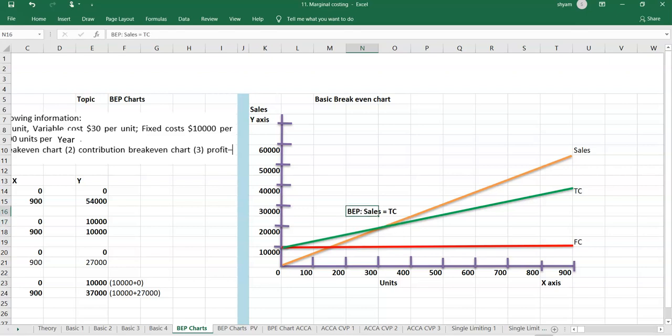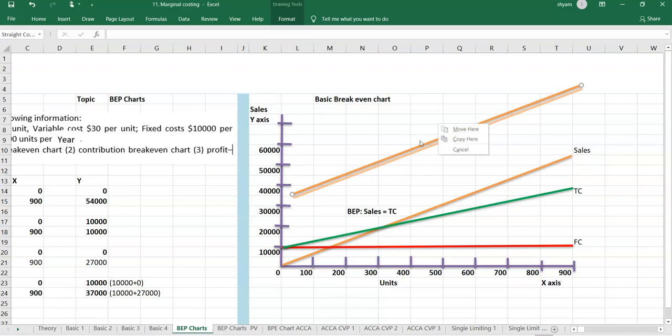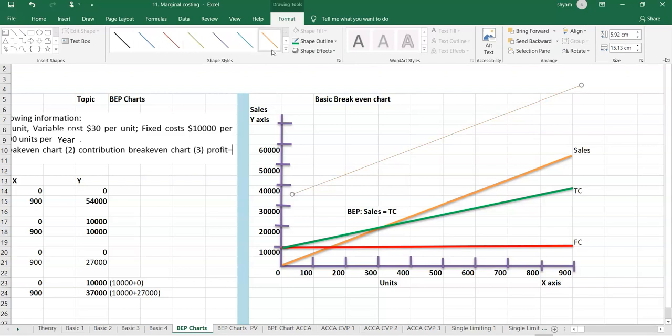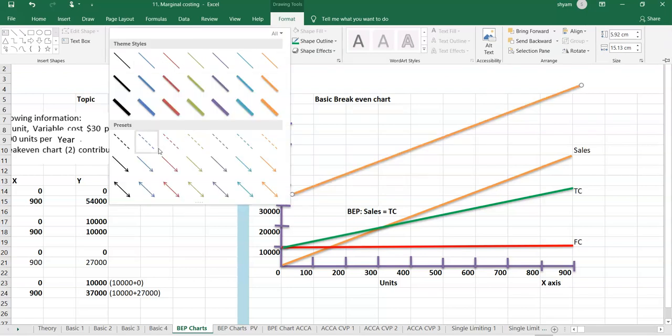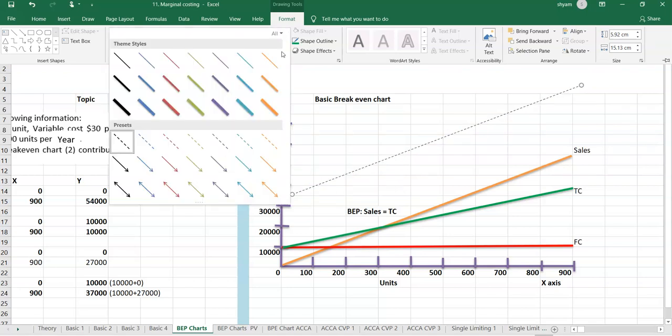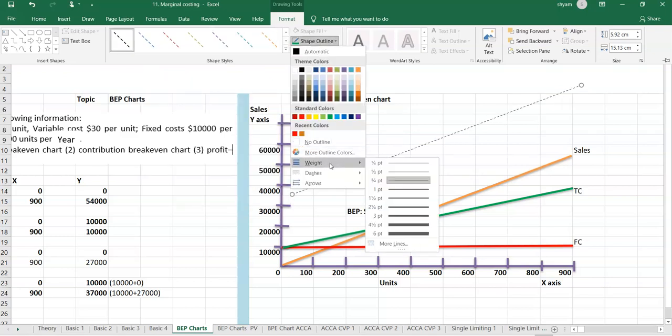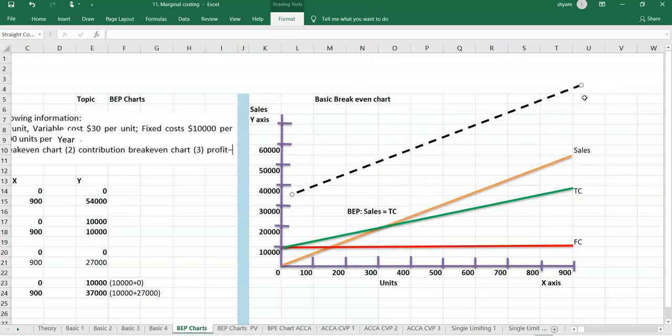So for the BEP point, if you draw a line, we'll draw another line. This time we'll format it differently. So look at here, there are two BEPs.